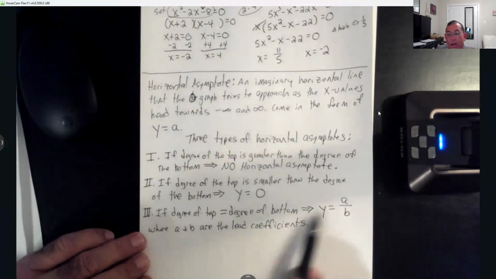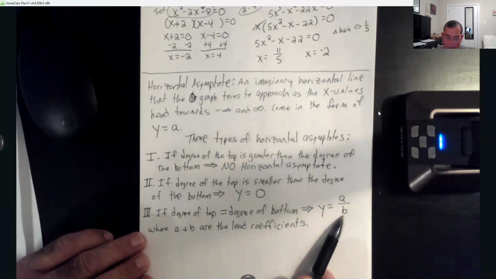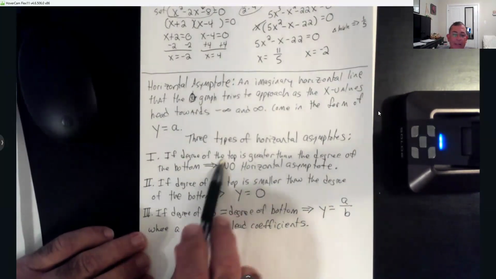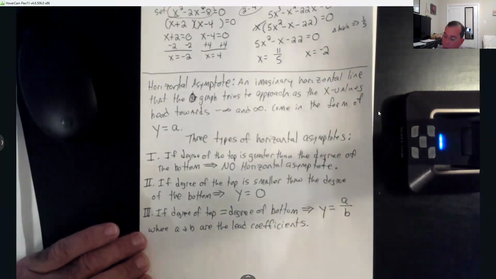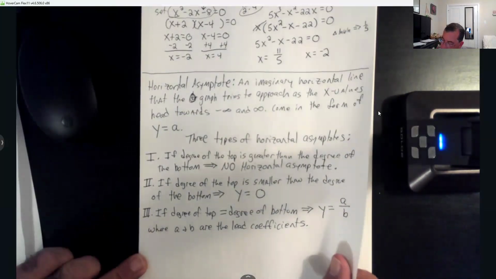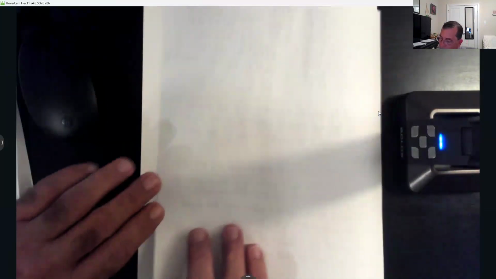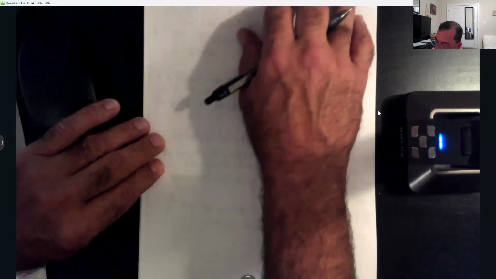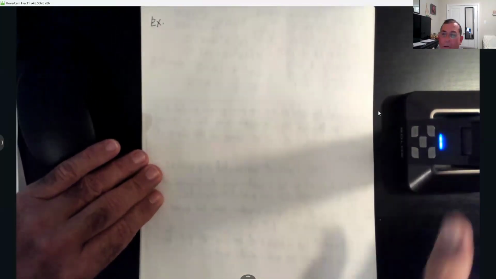The lead coefficients are the numbers in front of the variables with the highest exponents. So y'all, there are 3 cases, and they're going to give us an example of all 3. The trick is to figure out whether the degree is larger or if it's equal.